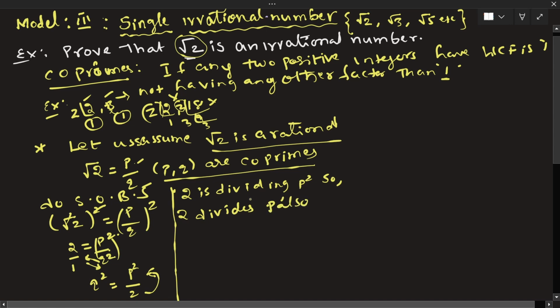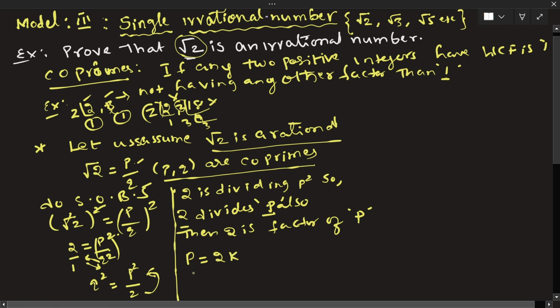So when 2 divides p, what can we conclude here? We can say that 2 is a factor of p. A factor of p means nothing but p is a multiple of 2 only, no? So p equals 2 times some factor k.